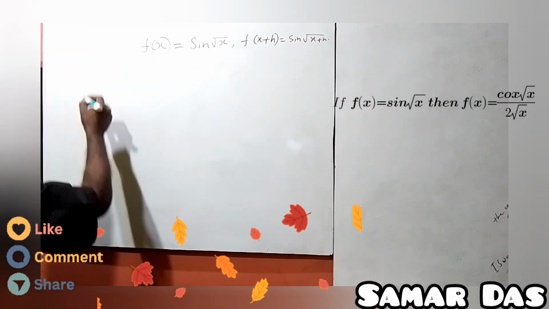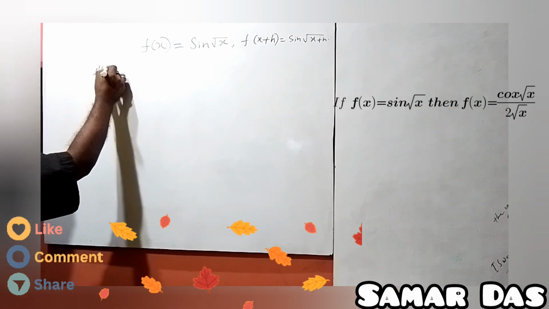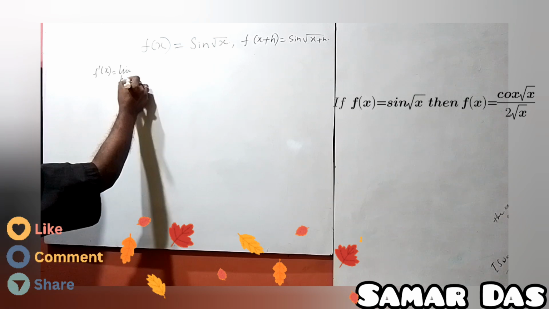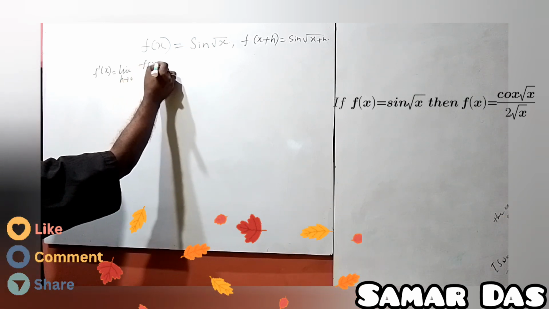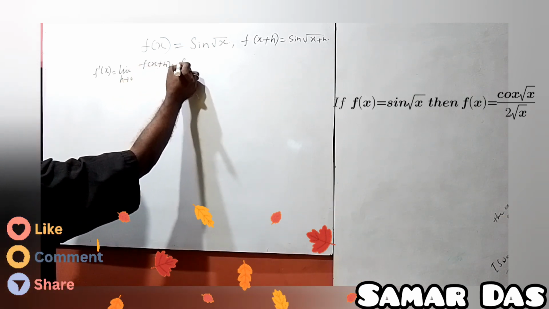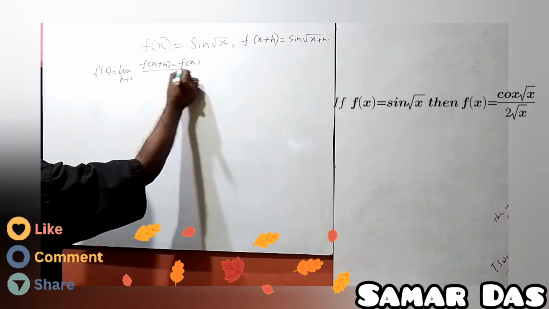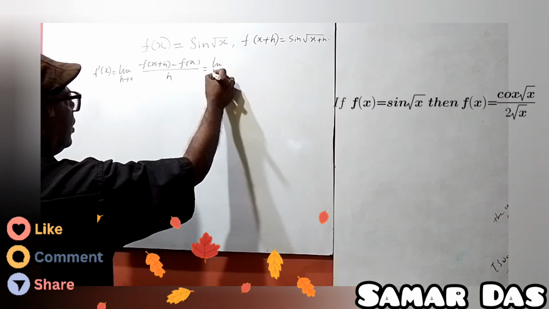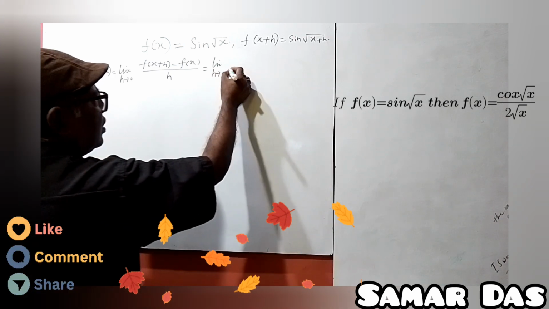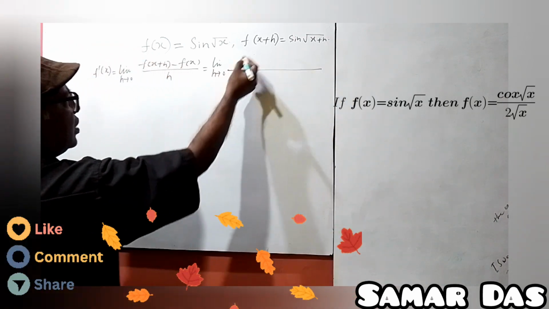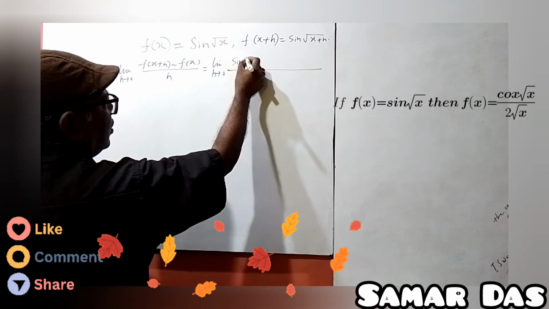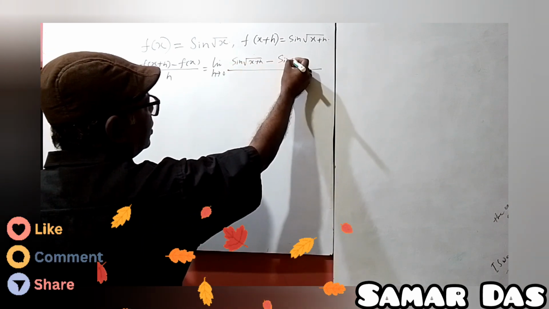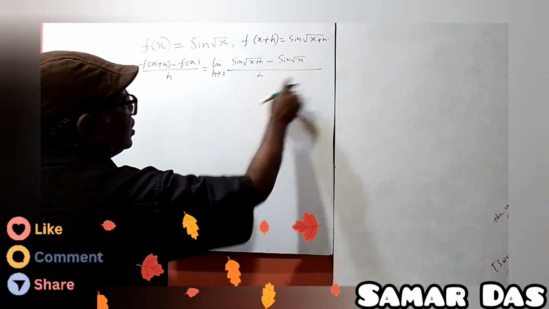Okay, so now f dash x is equal to limit h tends to 0 of f of x plus h minus f of x by h, and see, this is sine root over x plus h minus sine root over x by h.